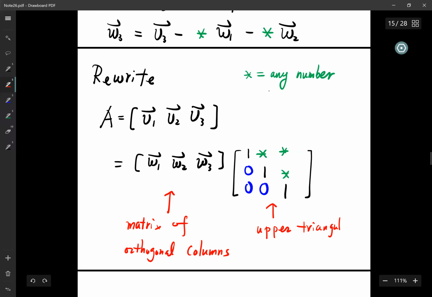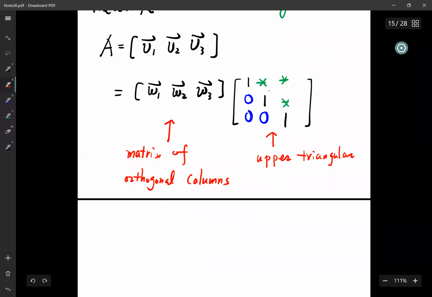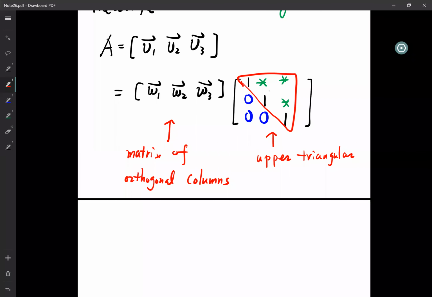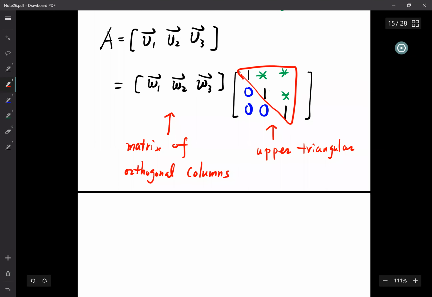So I've decomposed A into the product of two things. One is a matrix whose columns are orthogonal. The other is upper triangular, of which the diagonals are 1. Because any basis can be orthogonalized in such a way, any matrix would have this form of decomposition. So what is the QR factorization?